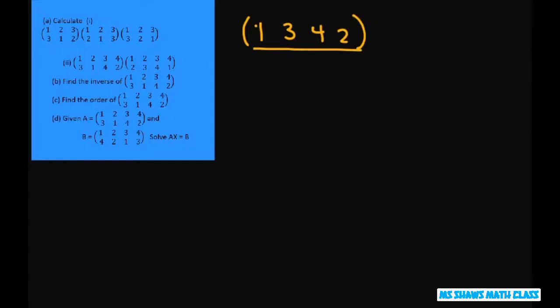So since there are 4 elements, the order equals 4. All right? So that's how you do that.